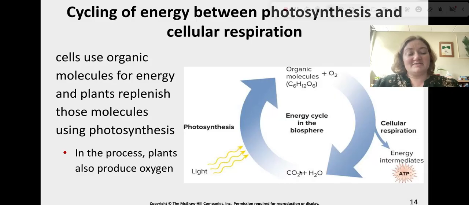Now, on the opposite side of this cycle is photosynthesis. So during photosynthesis, we're using that CO2, we're using that light from the sunlight to produce more glucose. And then again, that glucose can go through cellular respiration, produce CO2. That can go through photosynthesis, produce glucose. It's a cycle.